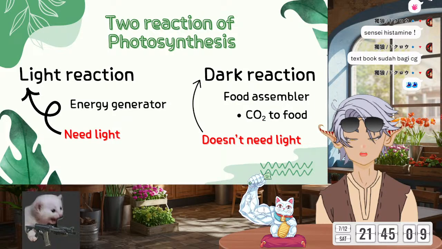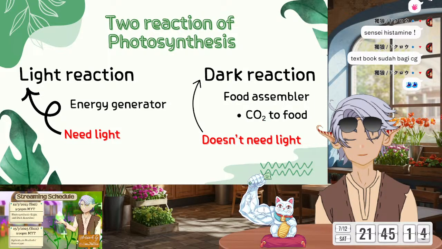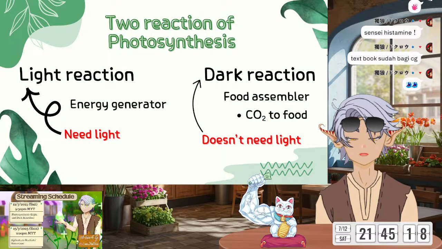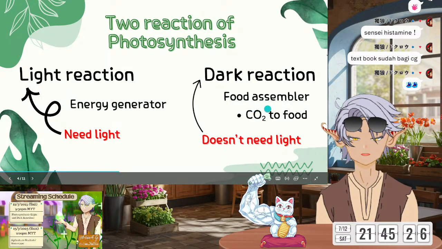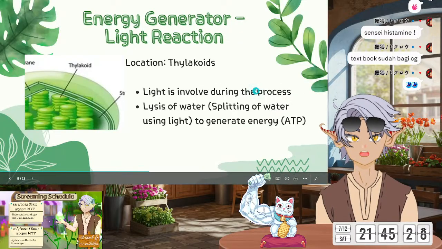At this part, carbon dioxide will be fixed, or in a very simple word, the carbon dioxide will undergo something and become food. So this does not require any light.